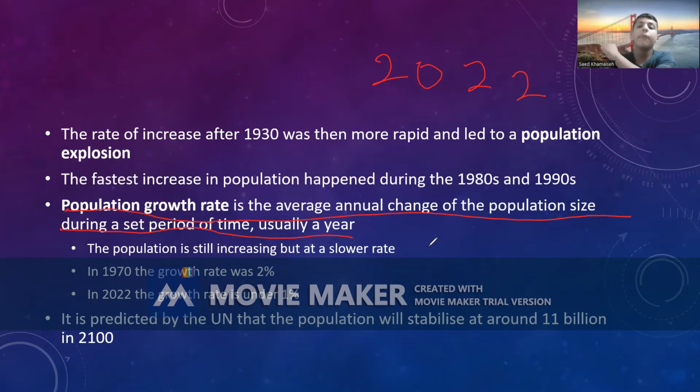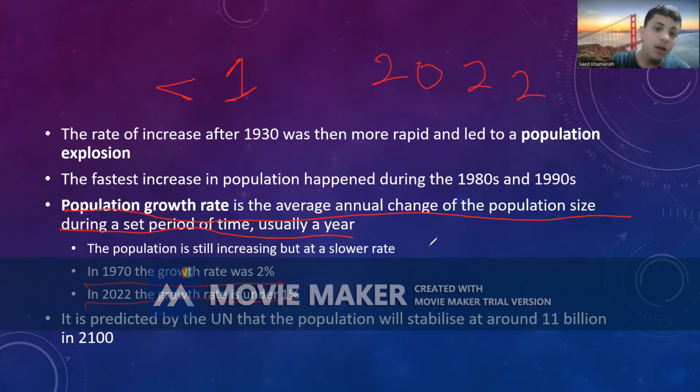Here it is an example. It's under 1. So the average annual growth rate is under 1. It will be so low. It will be lower than the annual change in 1970, which is 2%. This point is important.